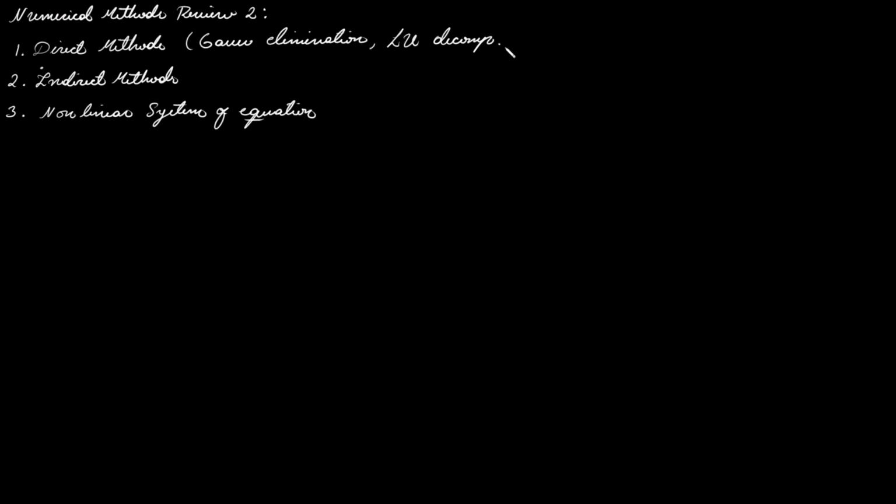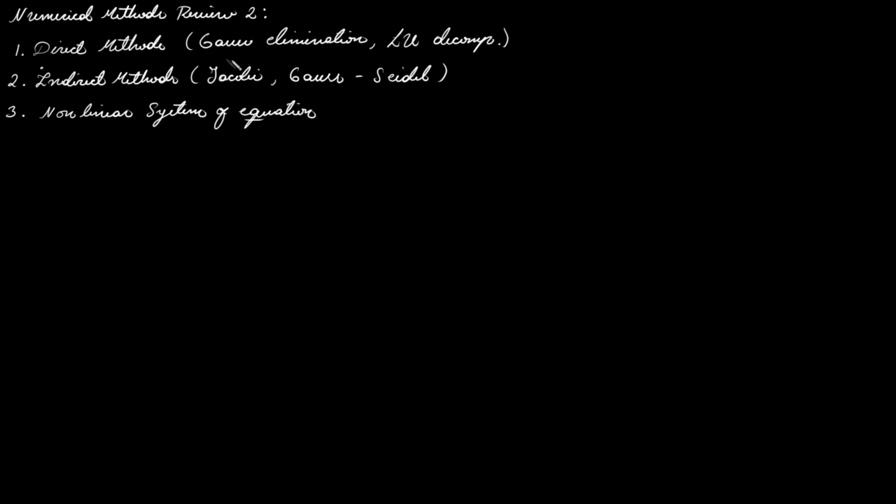Gauss elimination and LU decomposition, I think those are the main two direct methods that we see in this class. Maybe we see 1 or 2 more, but those are at least the ones I think are prevalent to the exam. And then indirect methods, we have the Jacobi iterative method, and then we have the Gauss-Seidel, which is the one that we saw in the project.